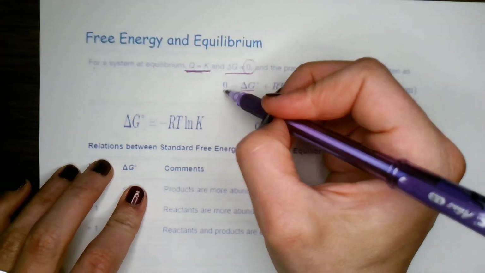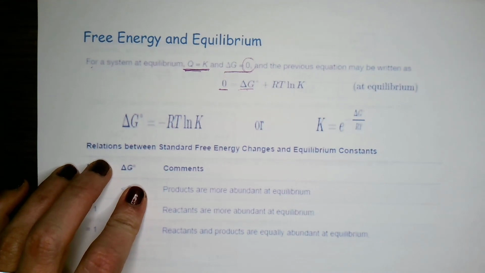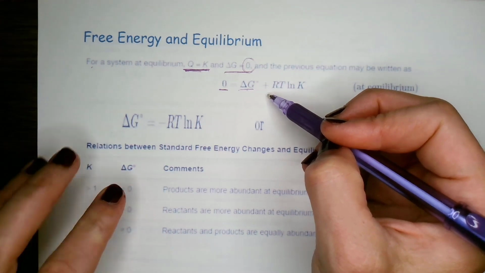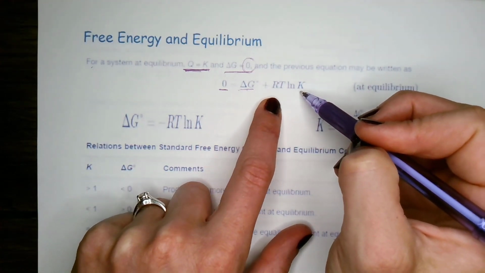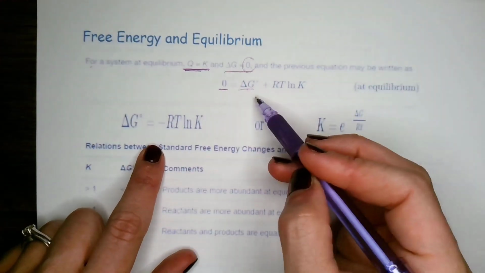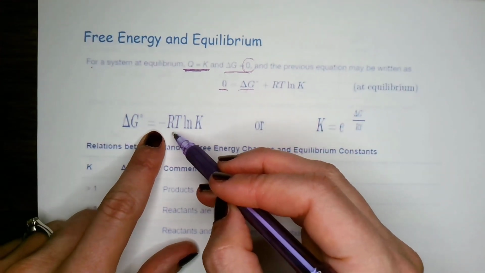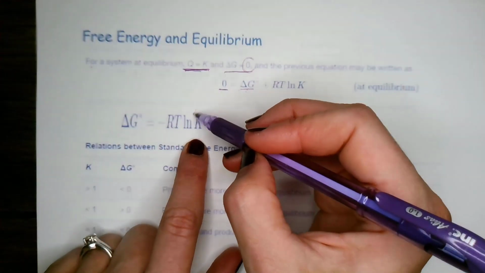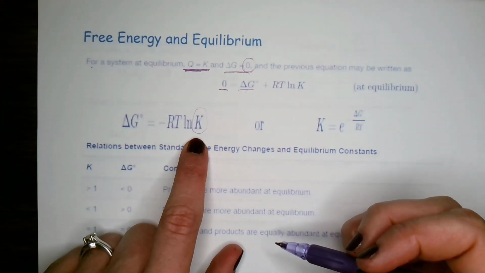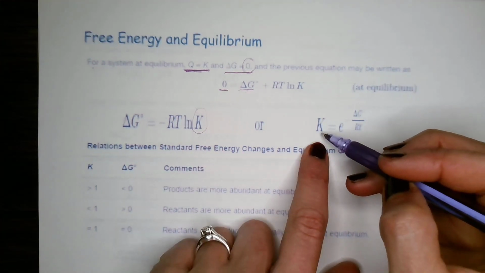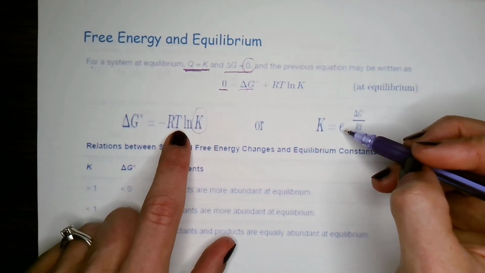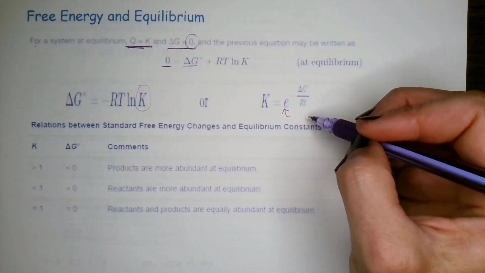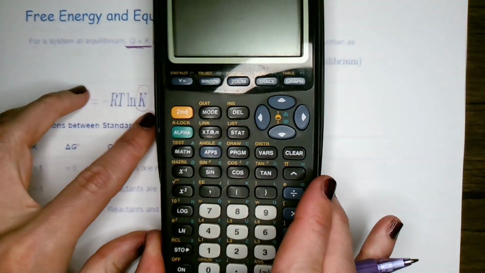But if we're making delta G 0, again, this is at equilibrium, we can set that equal to 0. Then we can subtract RT natural log of K from both sides, which gives me delta G standard equals negative RT natural log of K. And then we can solve for that K, that equilibrium constant, by saying K is equal to the opposite of the natural log, which is Euler's number.